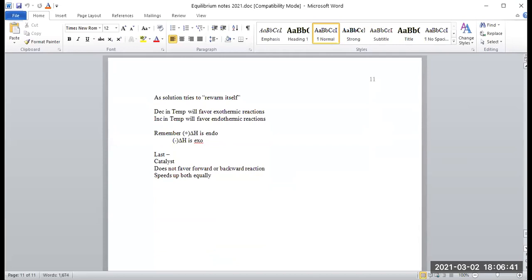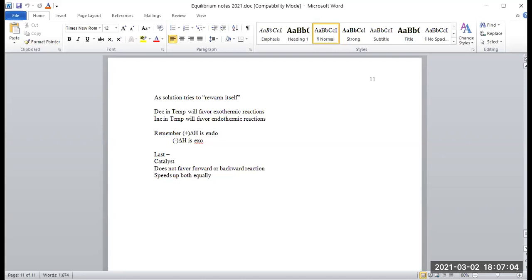No. For an equilibrium reaction, it actually speeds it up in both directions. Because if it lowers your activation energy, which is basically the purpose of a catalyst, it's going to lower the hump, which translates to lowering the hump going in both directions.